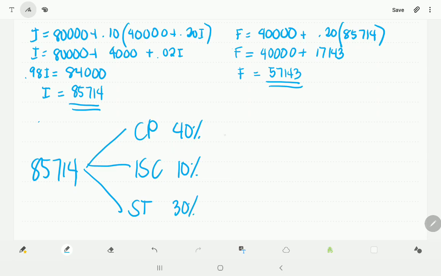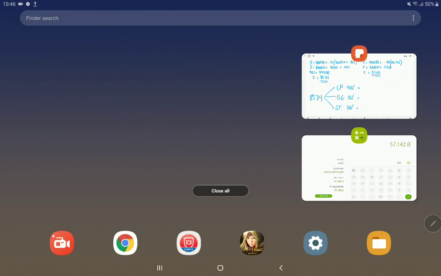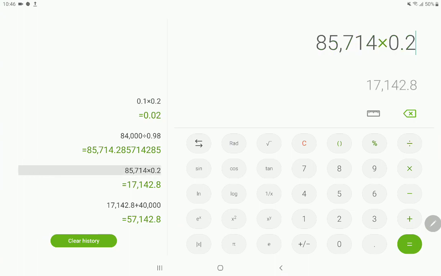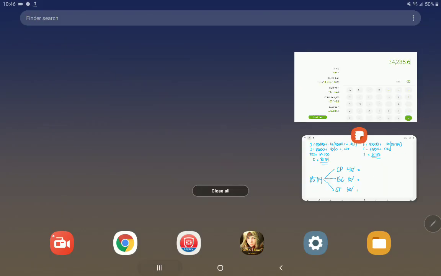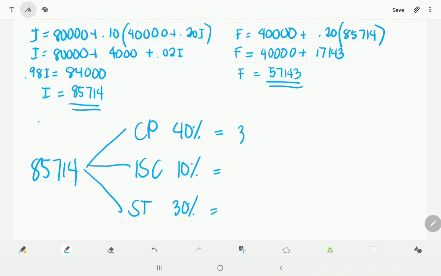So we multiply: 85,714 times 0.4 for Computer Programming gives 34,286. For Information Systems Consulting, we have 8,571.